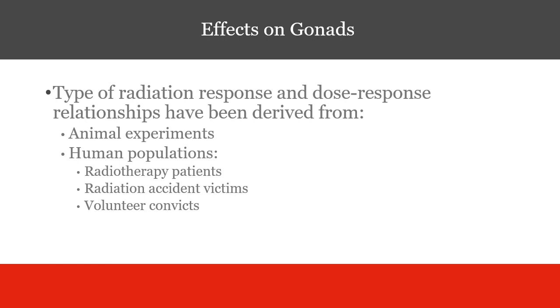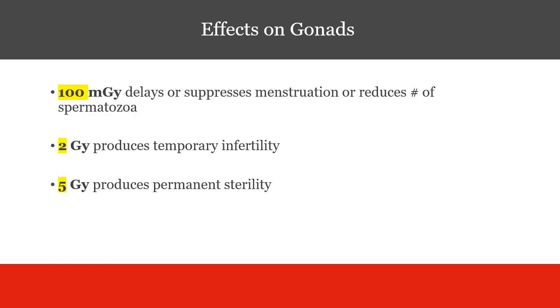A common population group that was irradiated were volunteer convicts in a prison in Washington State, or was it Oregon? Washington or Oregon, sorry. Anyway, they supposedly volunteered to be willing participants in an experiment, and they sustained high levels of radiation exposure, and eventually many of them became permanently sterilized.